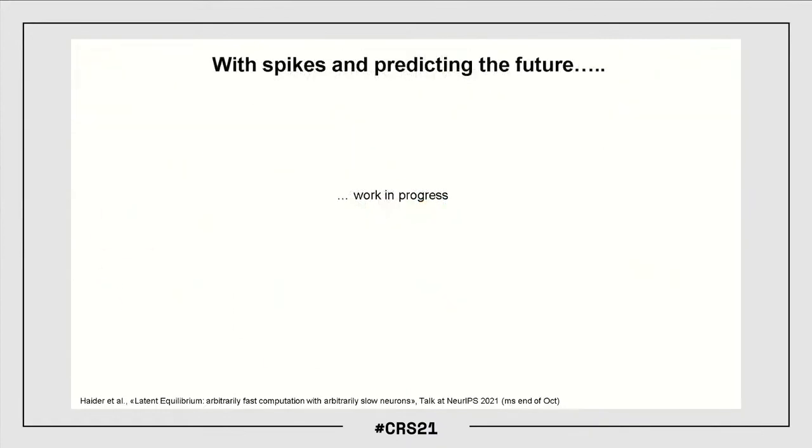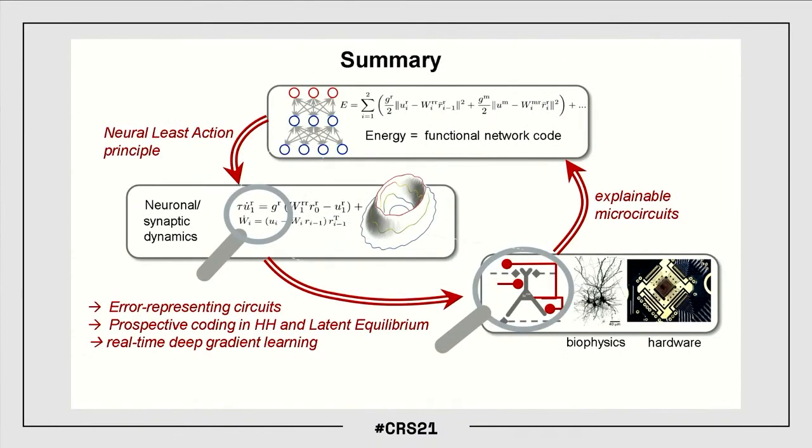The last one coming to, okay, this future work. Of course, I know your question is going to be, what about spikes? What about memory? What about correlation? Work in progress, theory existing. And here is the summary. So we started out with this formulation of the least action principle, starting with this energy function, the summation of all this dendritic prediction error, cranking the middle, getting dynamics here, getting this microcircuit implementation of the dynamics, entering with this idea of Hodgkin-Huxley to have predictive coding, and we implement everything with possibly real elements.